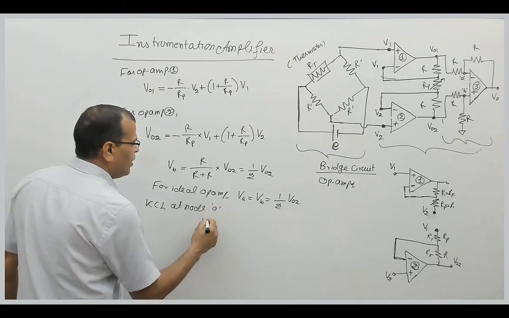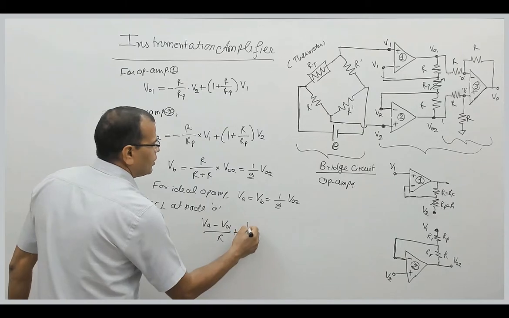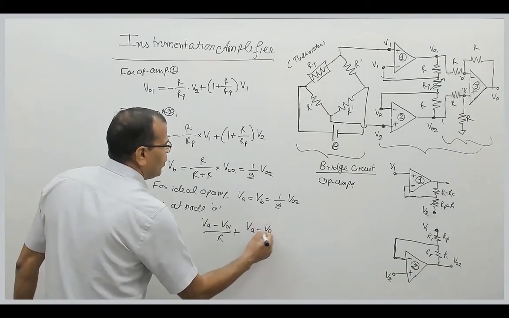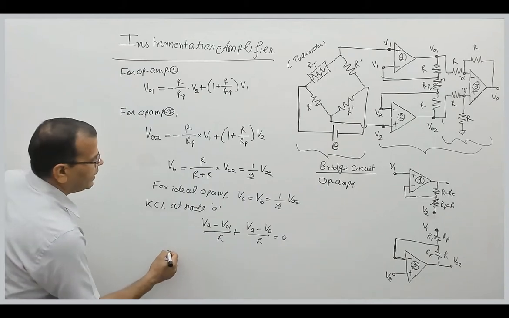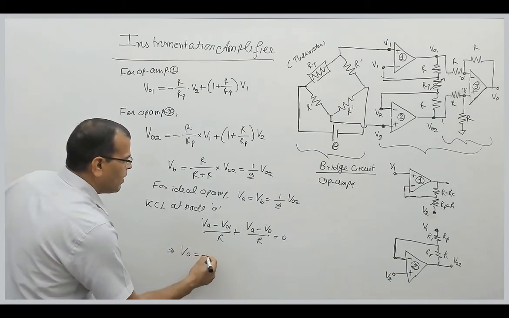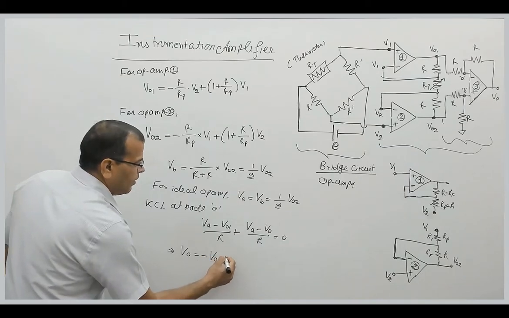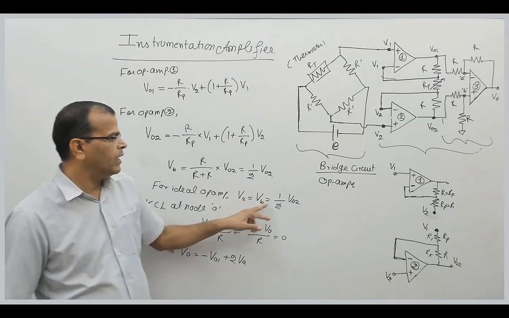it gives (VA minus V01) by R plus (VA minus V0) by R equal to 0, right? So that gives V0 equal to minus V01 plus 2VA. And you know what VA is. That is this.